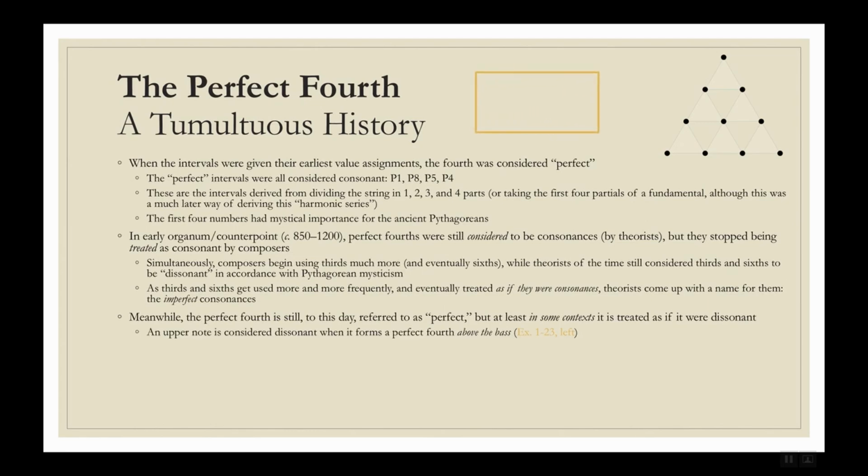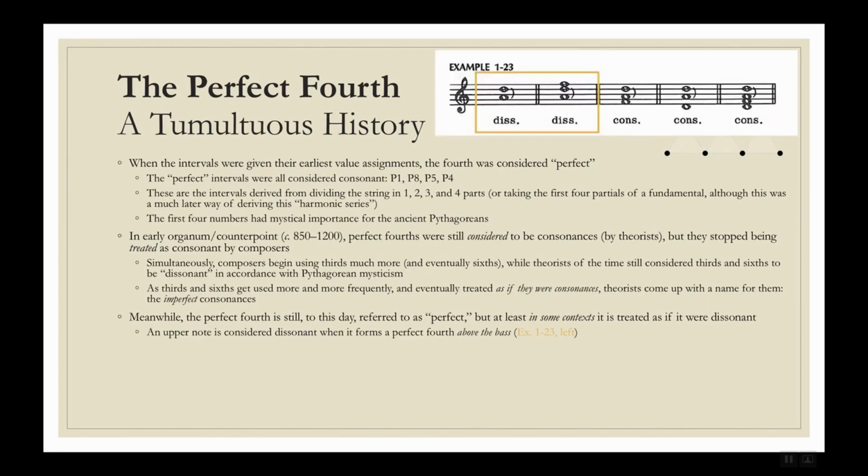So let's look at an example of this. An upper note is considered dissonant when it forms a perfect fourth above the bass. So in the example, that fourth is considered dissonant, and even it's really hard to hear that as dissonant, but if I put the fourth in the bass, I'm going to keep the same notes, but I'm going to put an A down in the bass.